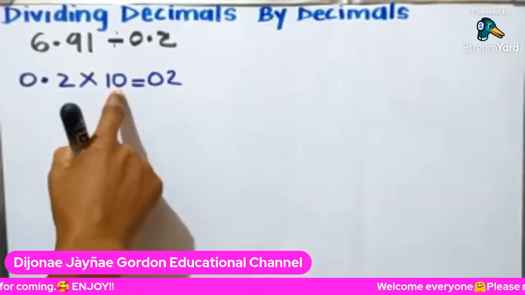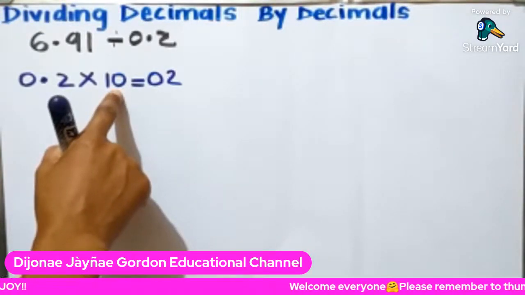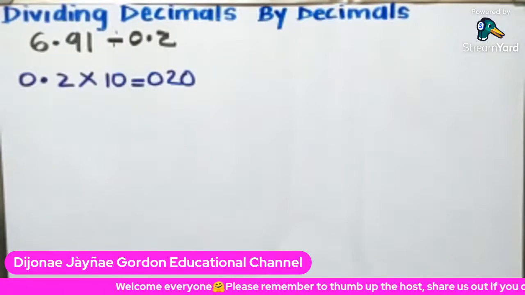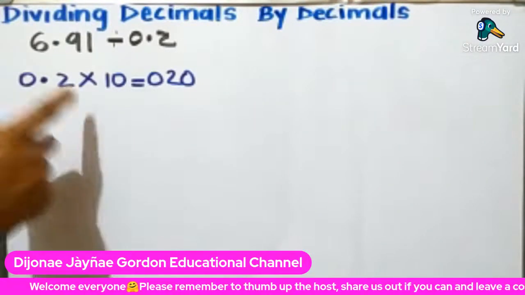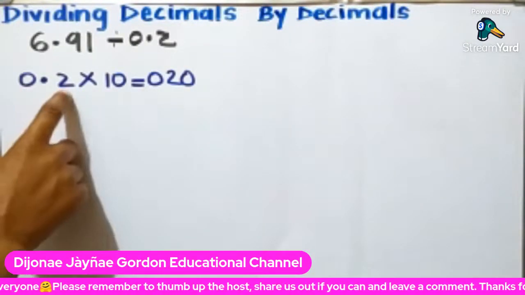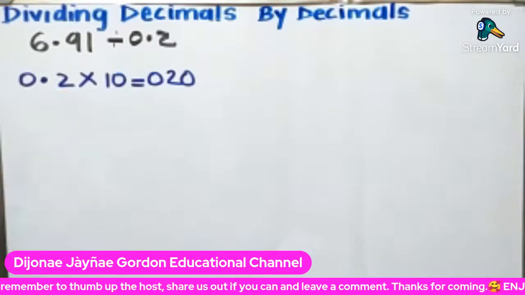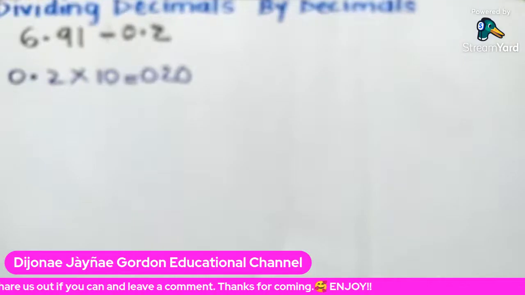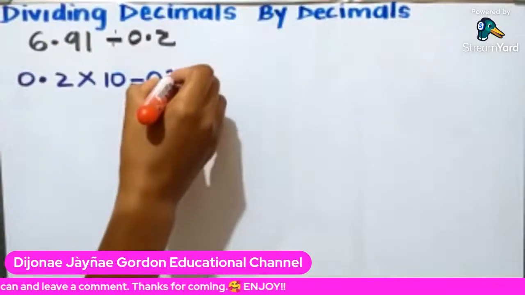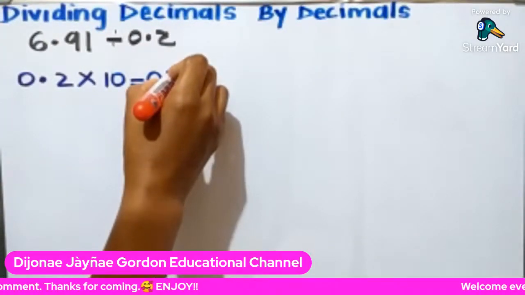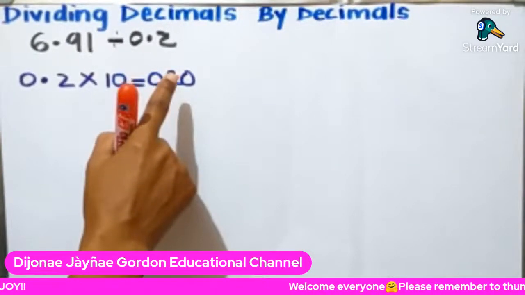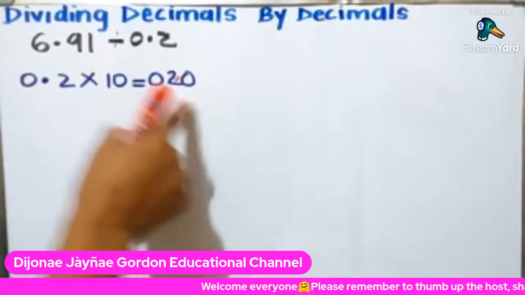And because I'm multiplying by a power of 10, I'm going to write my 0 back. But then I'm going to check how many decimal places we have right here. We only have one decimal place, so I'm going to put my decimal point right here. So in this case now, we have 02.0, which is the same thing as 2.